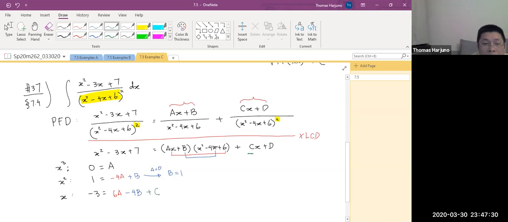Is it right? Yeah. Okay, now we know a is 0 and b is 1. So I get negative 3 equals negative 4 plus c, therefore c equals 1. Now, that's not too bad, huh?